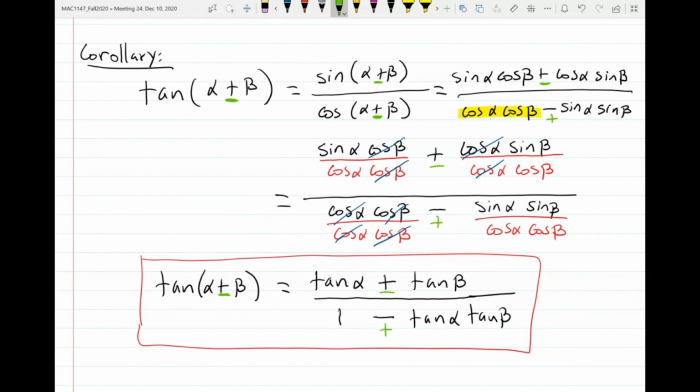And that's your formula for tangent of alpha minus beta. So here I wrote two formulas, one with plus, just use the symbol on top. If you have alpha minus beta, then you use the symbol in the bottom. Tangent of alpha minus tangent of beta over 1 plus tangent of alpha times tangent of beta. You okay with this?